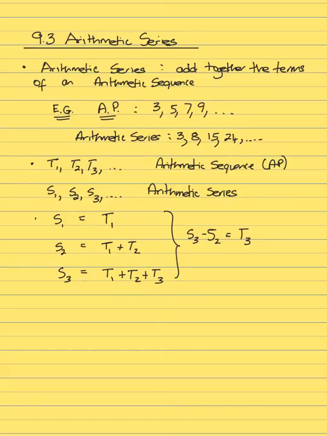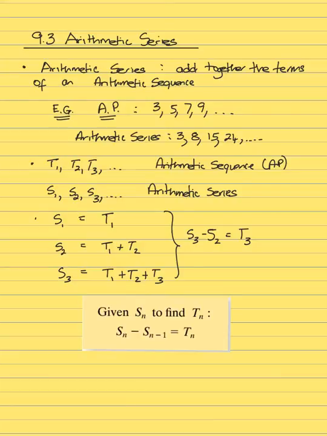So we can subtract two terms of an arithmetic series to get the term of the arithmetic sequence. So in general, if we're given Sn, the general term of an arithmetic series, and we want to find Tn, then Sn minus S(n-1) will give us Tn.